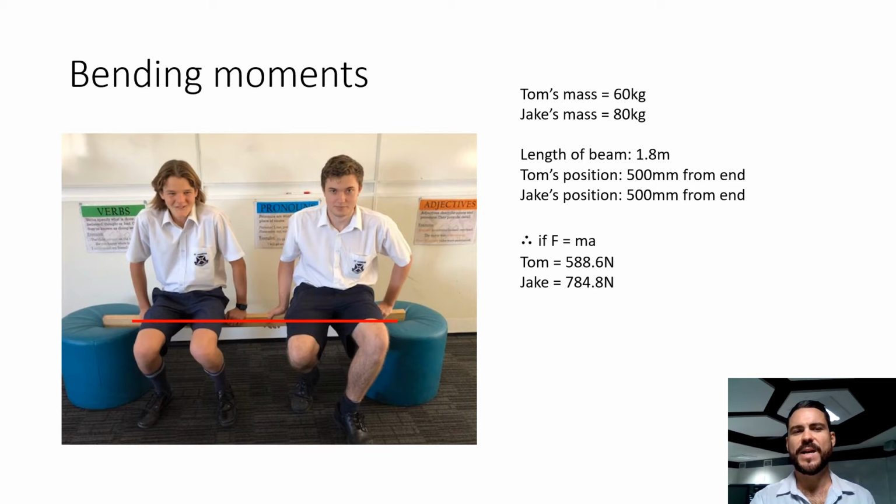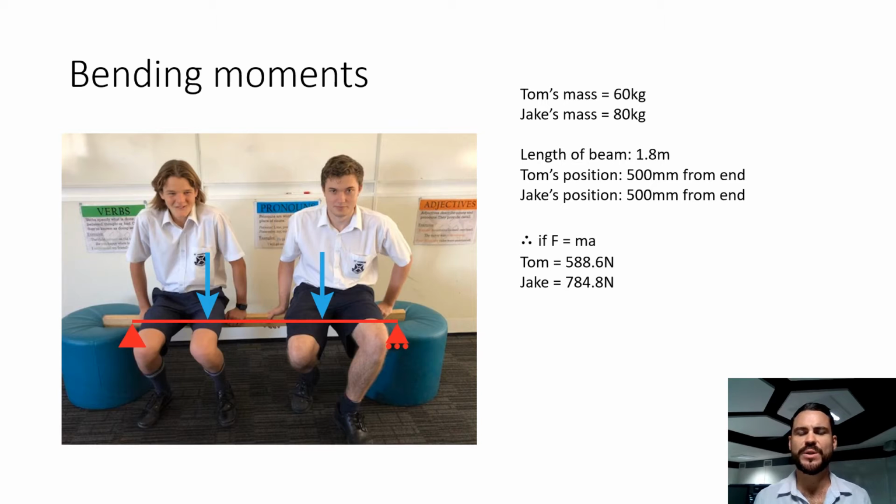And what we're trying to gain an understanding of is what happens with the stresses in that beam when they sit on it. So the beam is going to go from that sort of flat, straight position to something like that that represents the bend. And what we're really trying to do by solving these problems is understand what that bend looks like accurately and how we represent that in a diagram.